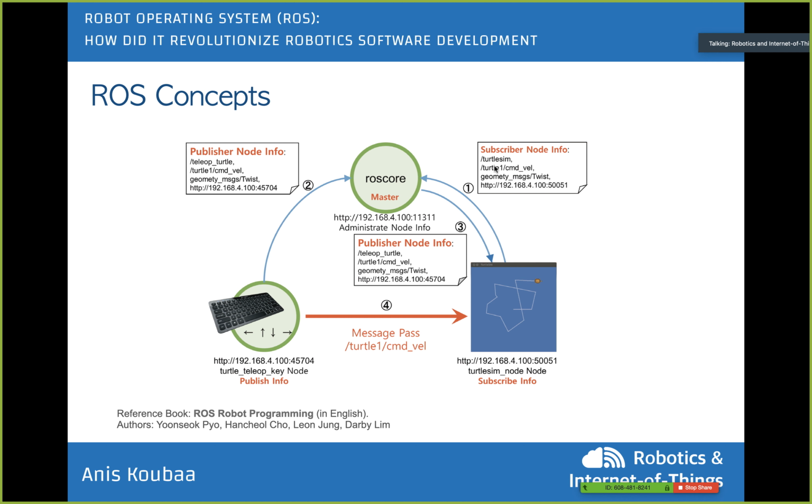I'm called Turtle Sim. I'm a subscriber to velocity messages. So if there is any velocity message, you can send it on the following topic with the following message type. And same thing for this teleoperation node, it is going to advertise itself, giving its name. It's a publisher of velocity commands, okay? And this is the type of message.